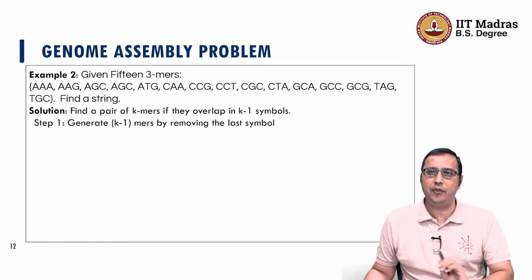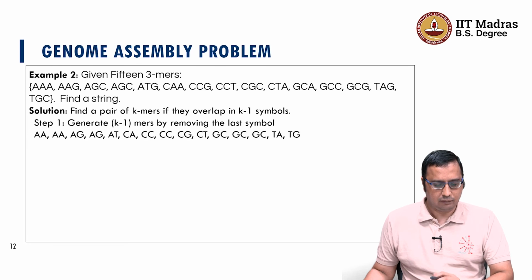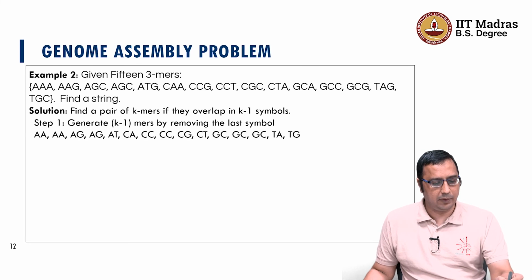That's the same idea we are going to follow. Step 1: generate k-1 mers by removing the last symbol. I have done that for all of them. Here the last symbol is A, so it becomes AA; here it is AAG, so I remove G and it becomes AA. Similarly for the next ones, and so on. I start with this one and end with this one, and the last one is TG, by removing C.